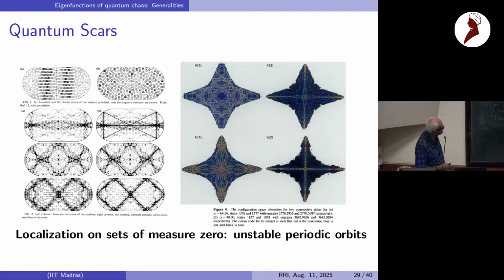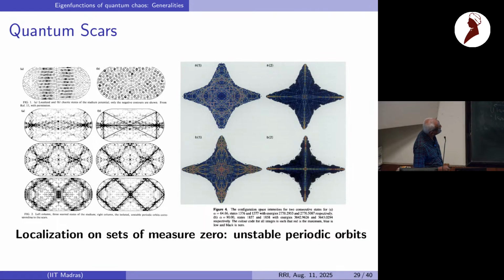You can imagine an orbit just bouncing between these things. It's unstable. This was not expected to be there, since periodic orbits are a set of measure zero, but nevertheless they were showing up in single eigenstates. And then he found many examples of this, things like a bow tie, and these are unstable periodic orbits around these.